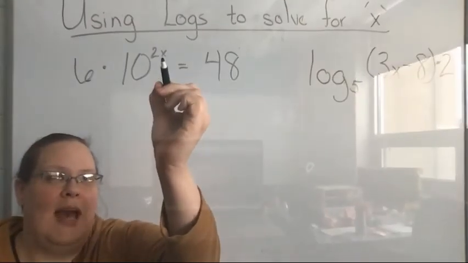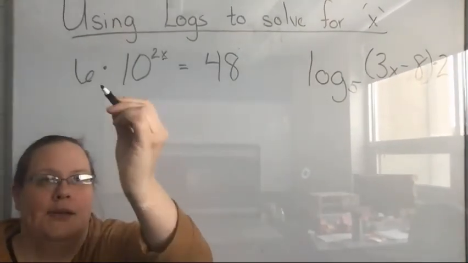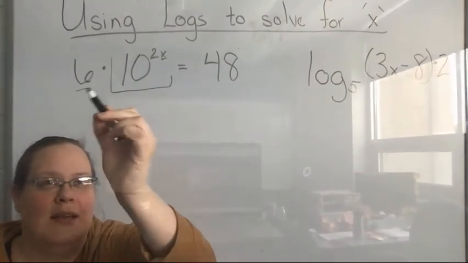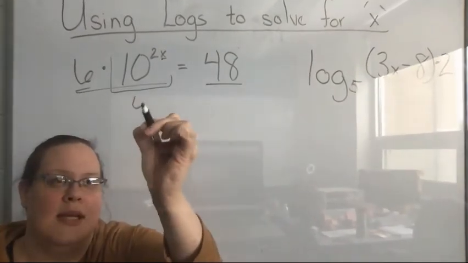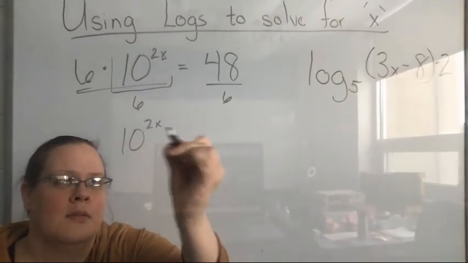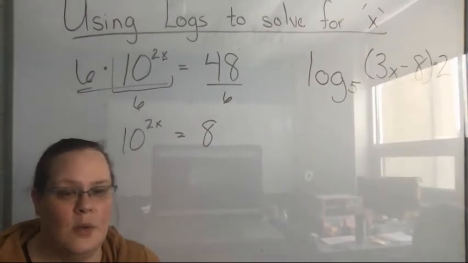Okay, let's take a look at these 2. We want to get this x to be a normal number so we can solve for it. The first thing I need to do, I can't really touch this until I get rid of my 6, right? So we need to make sure we're dividing both sides by 6 first. Now when we get here, we want to rewrite it.